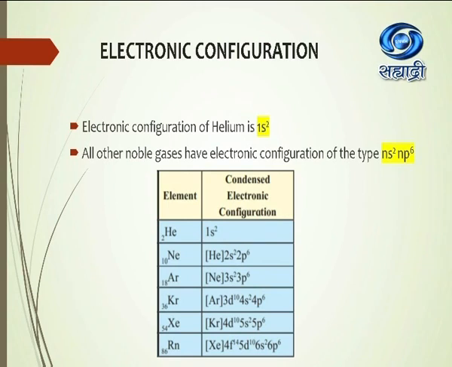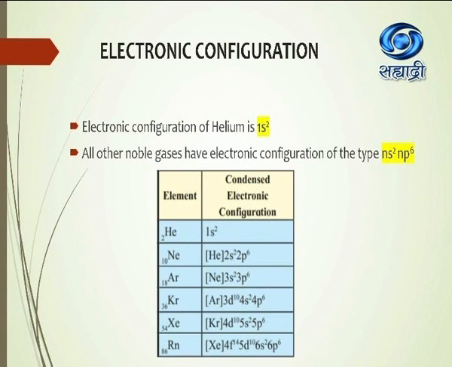So following is the table which gives you electronic configuration of all the elements. So helium atomic number 2 configuration is 1s2. Neon atomic number 10 configuration is helium core 2s2 2p6.